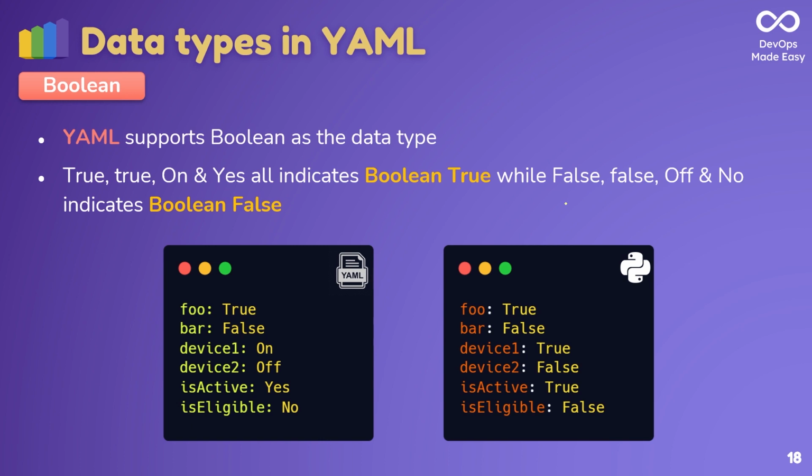So I can use capital False, small false, off with capital O, small off with small o. No with capital N, no with small n, all indicates the same thing, which is false.